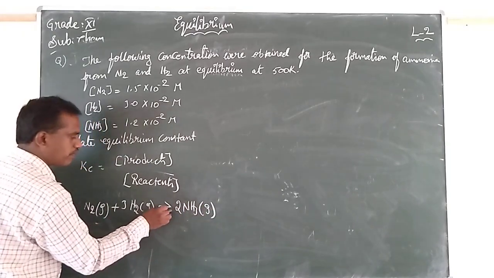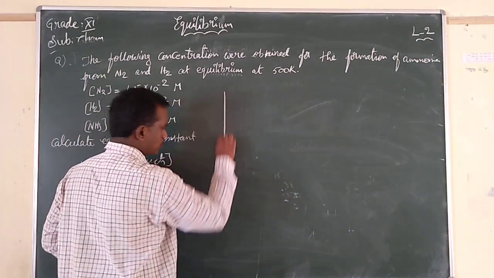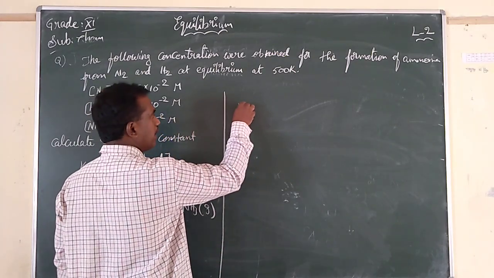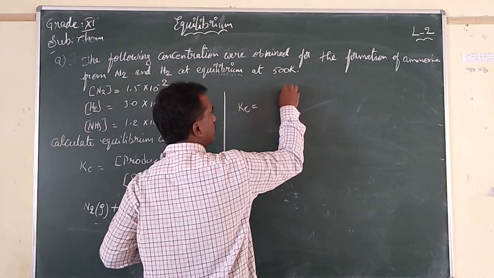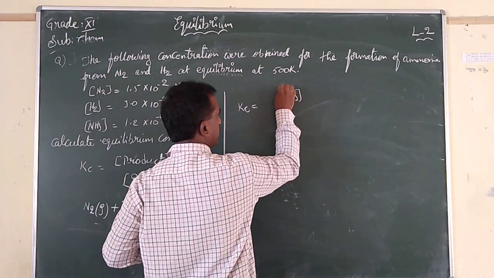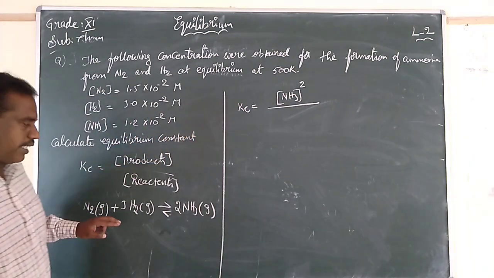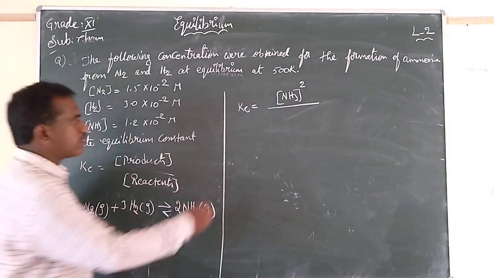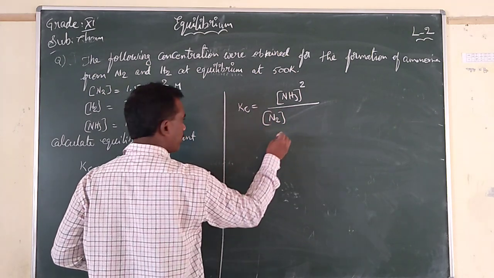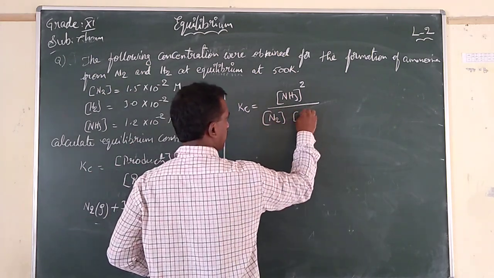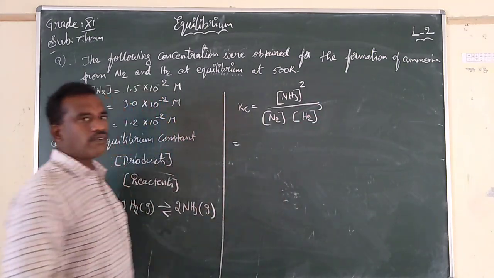Now, when you apply the equation here, Kc is equal to concentration of the ammonia, because it is the only product formed in this reaction, raised to its coefficient 2. Concentration of the reactants: nitrogen gas is only 1 mole and hydrogen gas, how many moles are there? 3 moles are there. So they are raised to the power of 3.